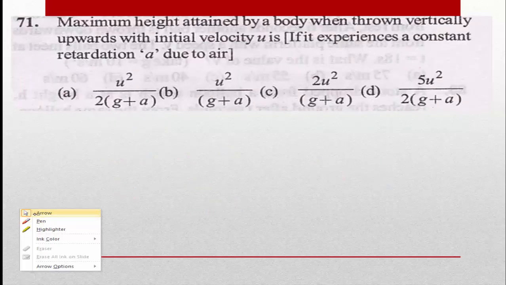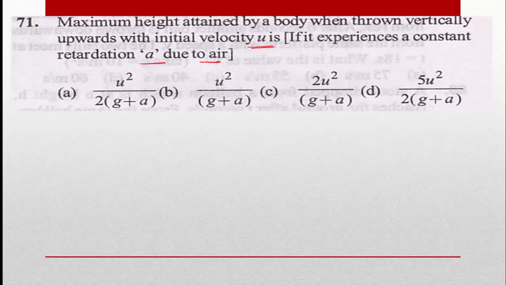And then question number 71. This is also the same problem and it is very simple. The maximum height attained by a body when thrown vertically upwards with the initial velocity u. If it experiences a constant retardation a due to air, the height attained by the body, that is v square is equal to u square minus 2as.